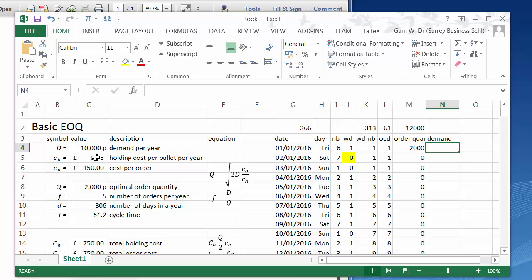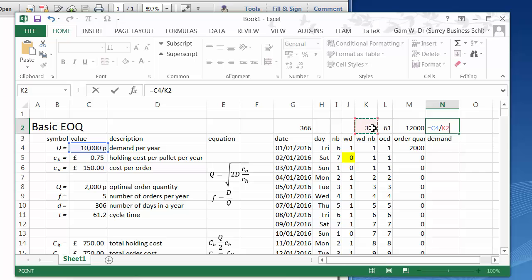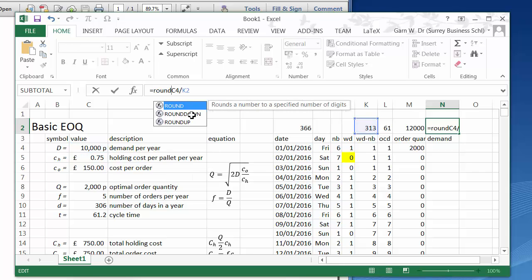If we have got 10,000 items and 313 working days where we can actually get a demand, that means a daily demand of 10,000 pallets divided by 313, 31.94. Obviously on a daily basis we don't have that, so we should put it into integers.